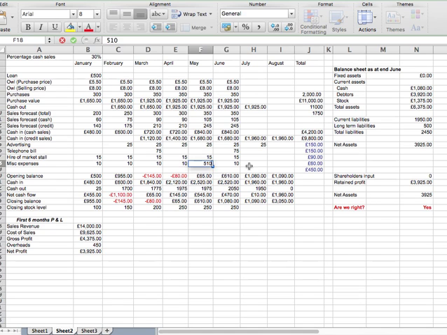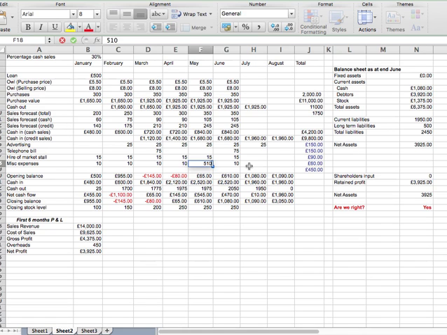It's an additional expense, so we're paying out £500, so you'd expect the cash to drop by £500. Now, it doesn't create any stock, it doesn't create a debtor, it doesn't create a liability, and it doesn't create any long-term liabilities. All it does is it reduces the profit by £500.